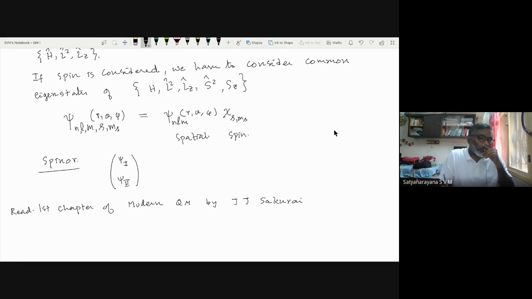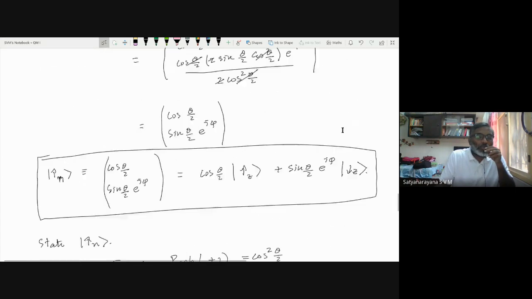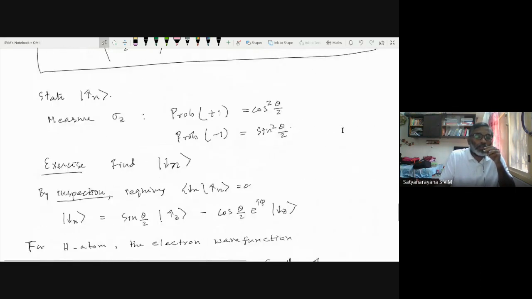When that book came, it was very new, but that book was itself 25 or 30 years old. So I would recommend you take a look at that chapter. Okay, so I am not going to say much about spin further.